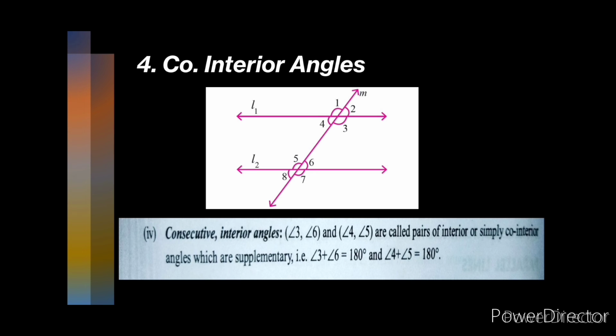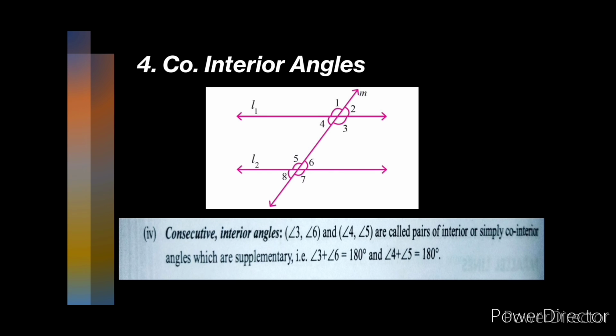They are also known as consecutive interior angles, right? As the name suggests, they are formed on the interior side of the transversal, meaning in the interior of the parallel lines. So what happens is, if we rotate the figure that is given on the screen, we can see that a straight line is forming, meaning a 180-degree angle is forming here.